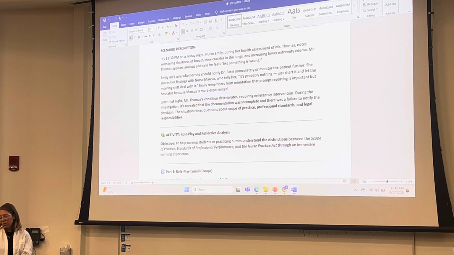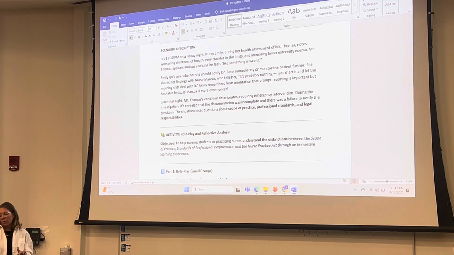So documentation was incomplete, so what's supposed to be done was not done, and then there was a failure to notify the physician. Like I talked about before, as you're completing your vitals and your assessment, most of your systems are smart enough that they'll tell you this is a change, you need to increase your monitoring frequency, you need to let the charge nurse know.